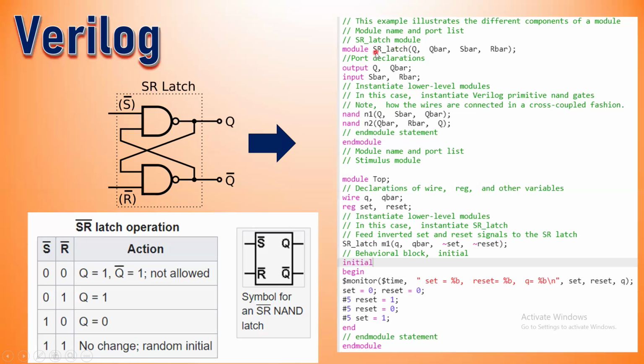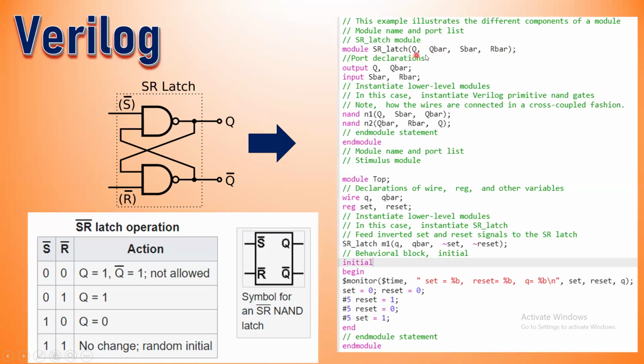I'm going to give a name to my module. My name for the module is SR underscore latch, or you can simply say SR latch, or flip flop, or whatever. Then in the parentheses, I have Q and Q bar. So capital Q and capital Q bar are my outputs, and S bar and R bar are my inputs. Remember, this sequence can be altered.